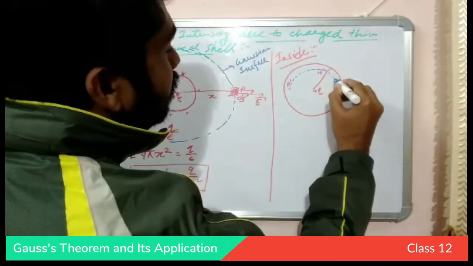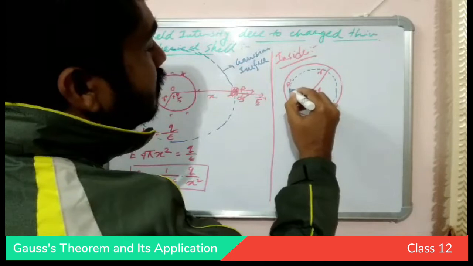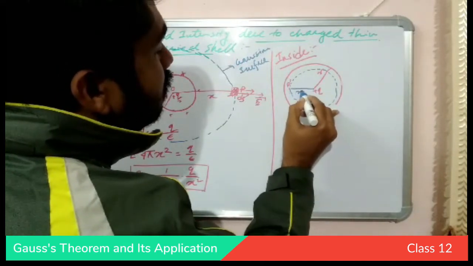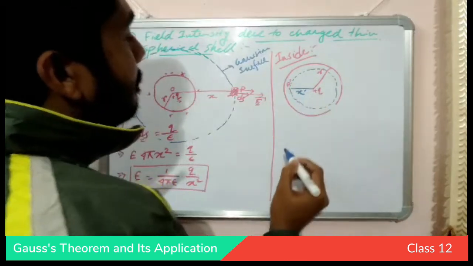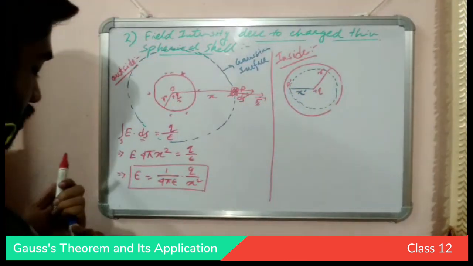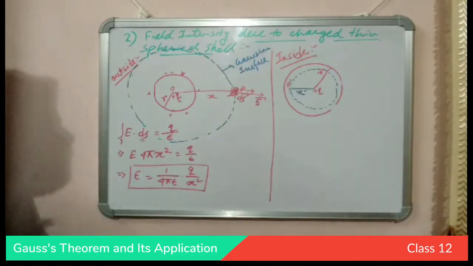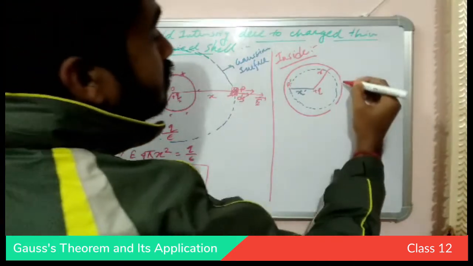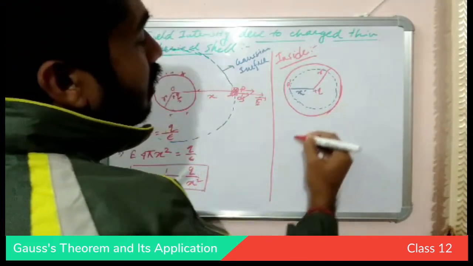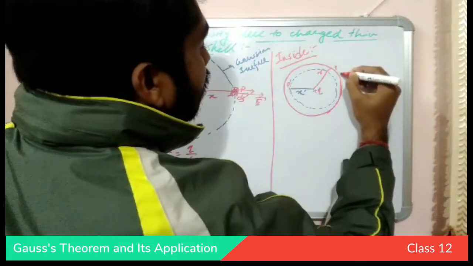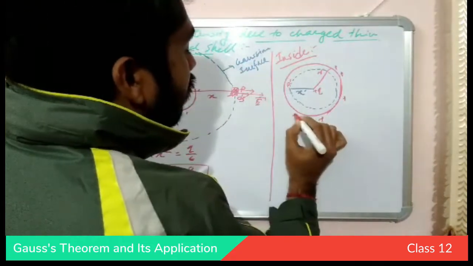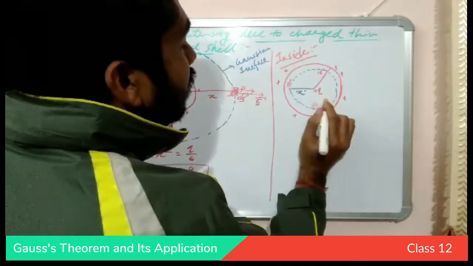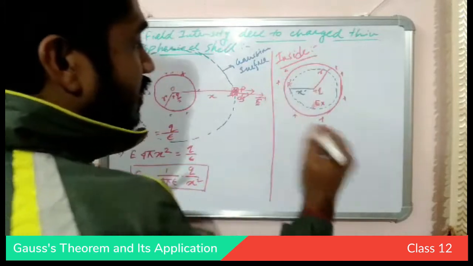The Gaussian surface will be a sphere whose radius will be the distance from the test position to the center. And as we know that the charge is always distributed over the surface of the conducting shell, so there is no electric field inside the spherical shell.